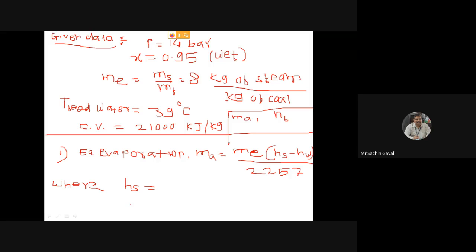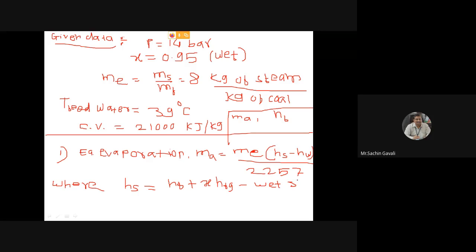Chapter 2 of the steam tables is completed. HS is equal to HF plus X into HFG, because the steam is wet. We give that reason, because we define that steam is wet.